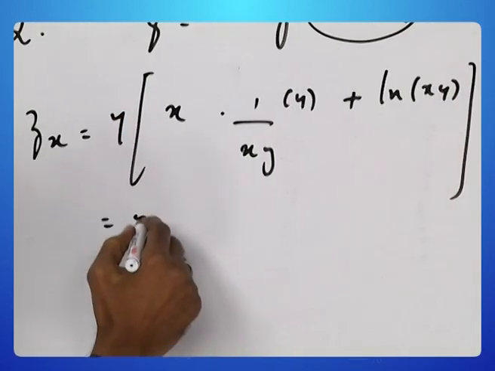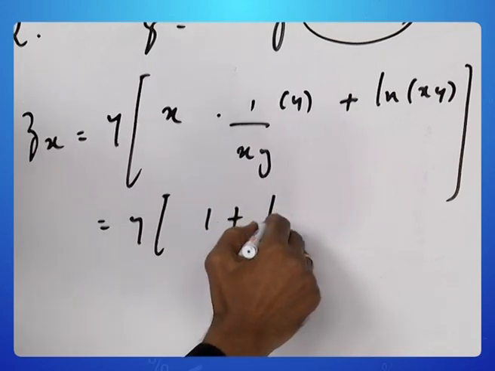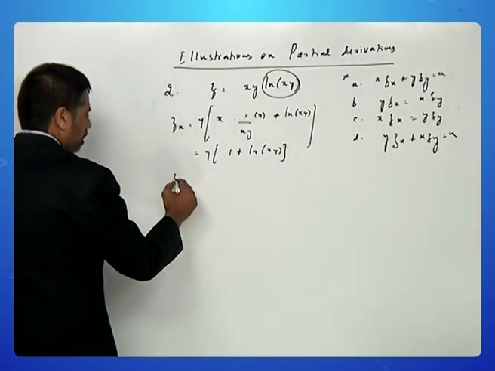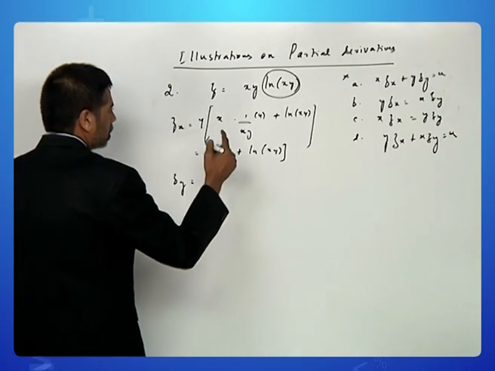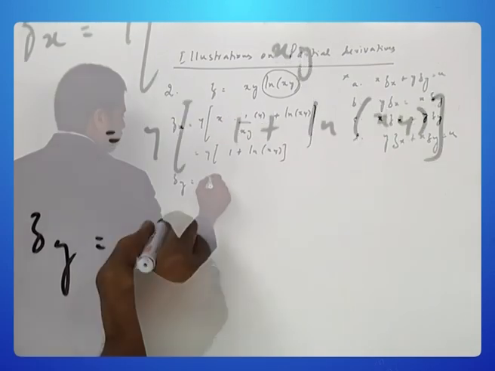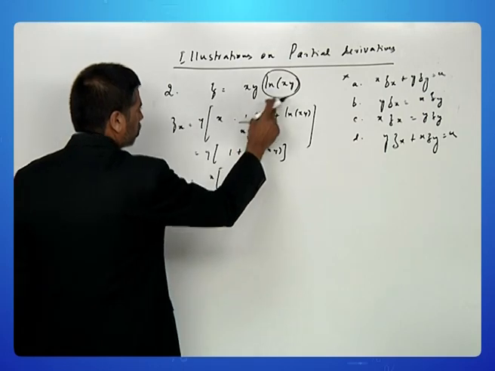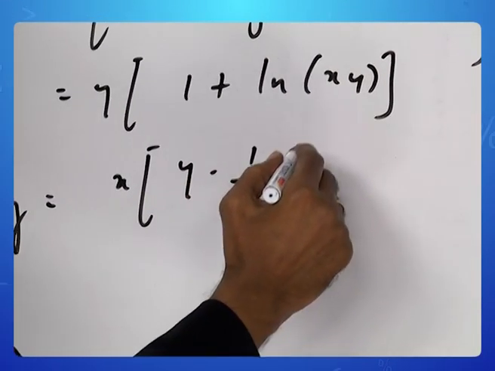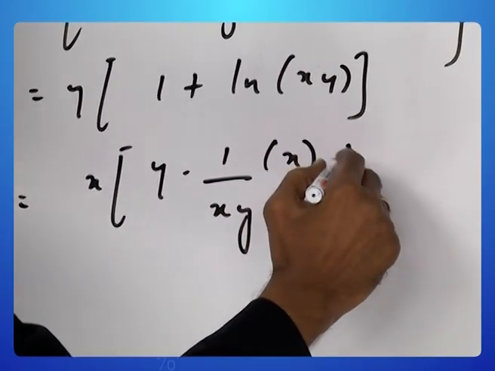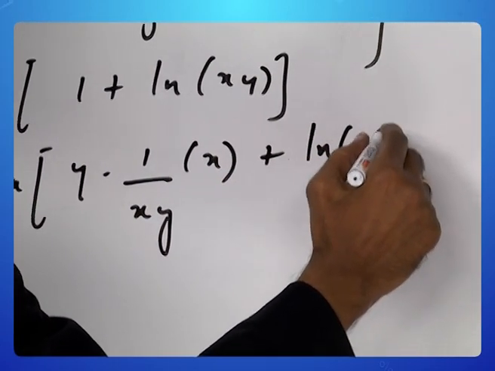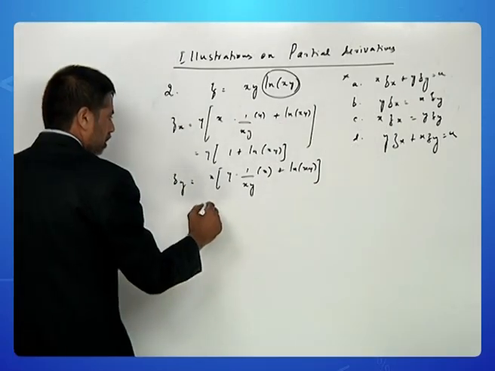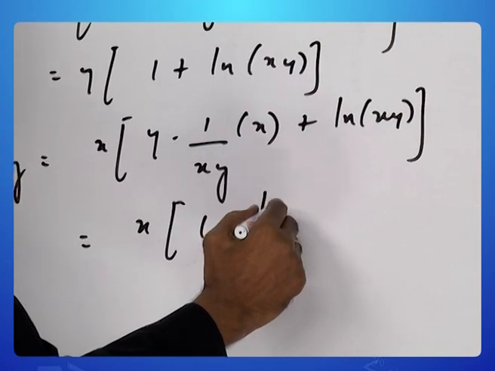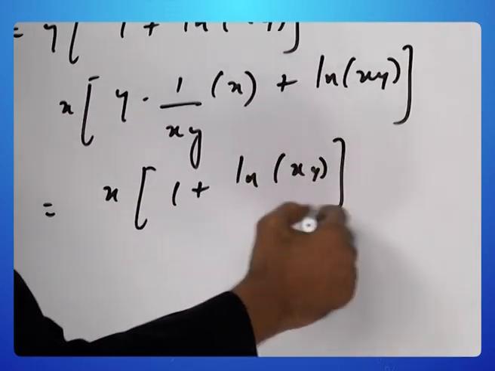So you will get y into 1 plus log of xy. Let's calculate zy. This time x is constant. You apply the UV rule for these two. So y into 1 by xy into x plus log of xy. So this is nothing but x into 1 plus log of xy.